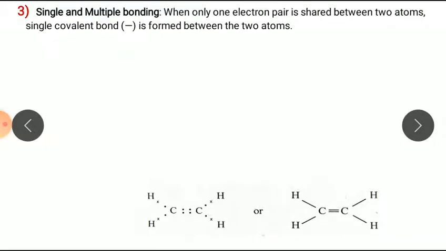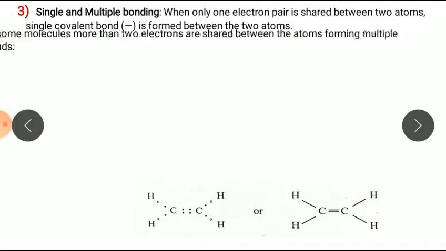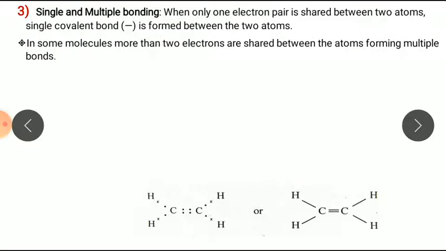Third one: single and multiple bonding. When only one electron pair is shared between two atoms, a single covalent bond is formed. In some molecules, more than two electrons are shared between the atoms, forming multiple bonds.